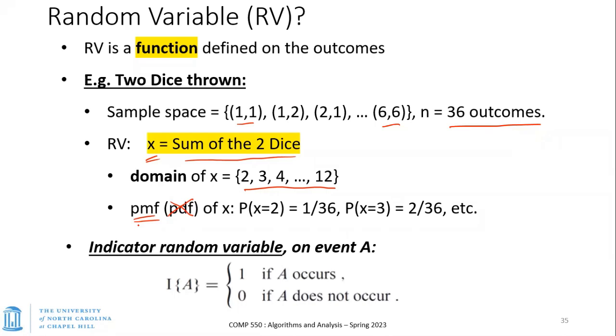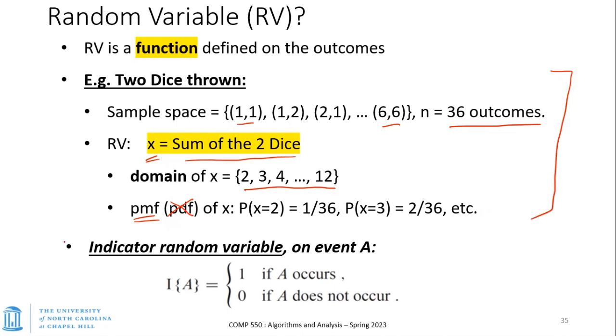It simply says what the probability is that a particular event happened, or, more accurately, that the random variable took on that particular value.